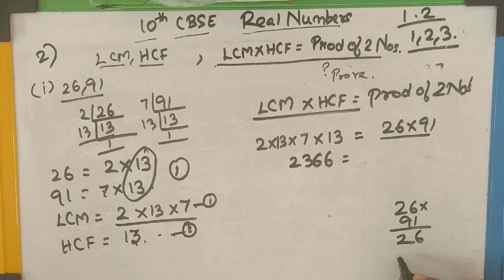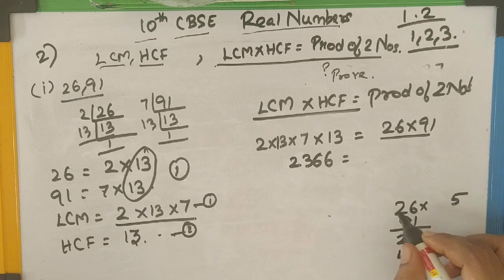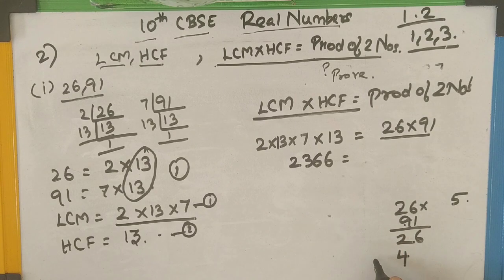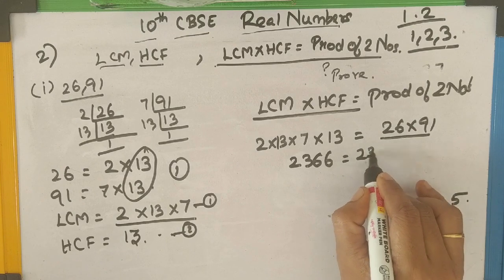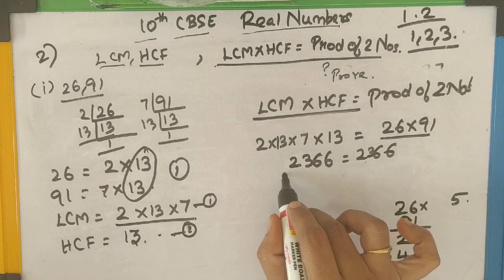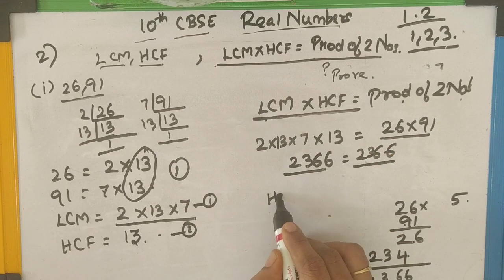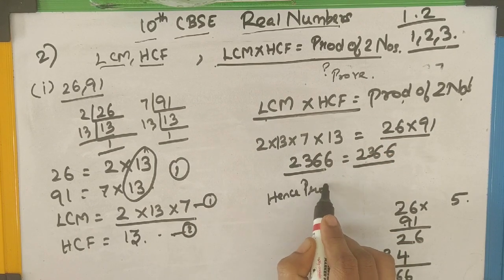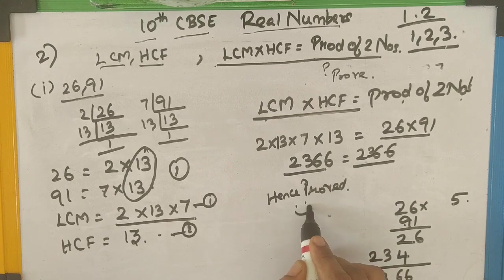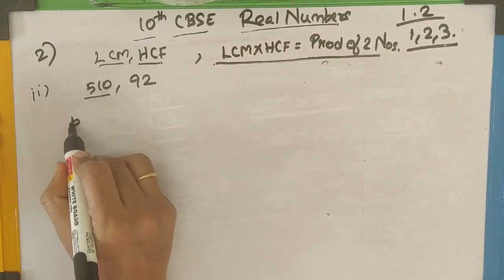So, 6 ones are 6, 2 ones are 2, 6 sevens are 54, 5 is remaining, 2 nines are 18, plus 5 I get 23. So, on adding we get 2366. See, the product of LCM and HCF is same as the product of two numbers. So, LCM and HCF when multiplied is the product of two numbers.